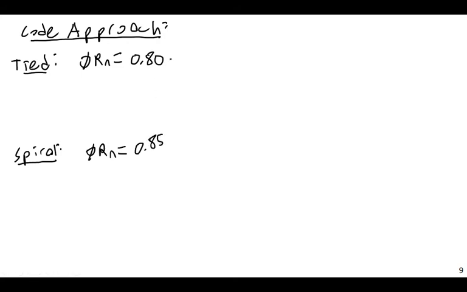And then times phi, and then times the theoretical capacity, 0.85 F prime C times the gross area Ag minus the area of the steel Ast, plus Fy times the area of steel. Let me just say As instead of Ast.